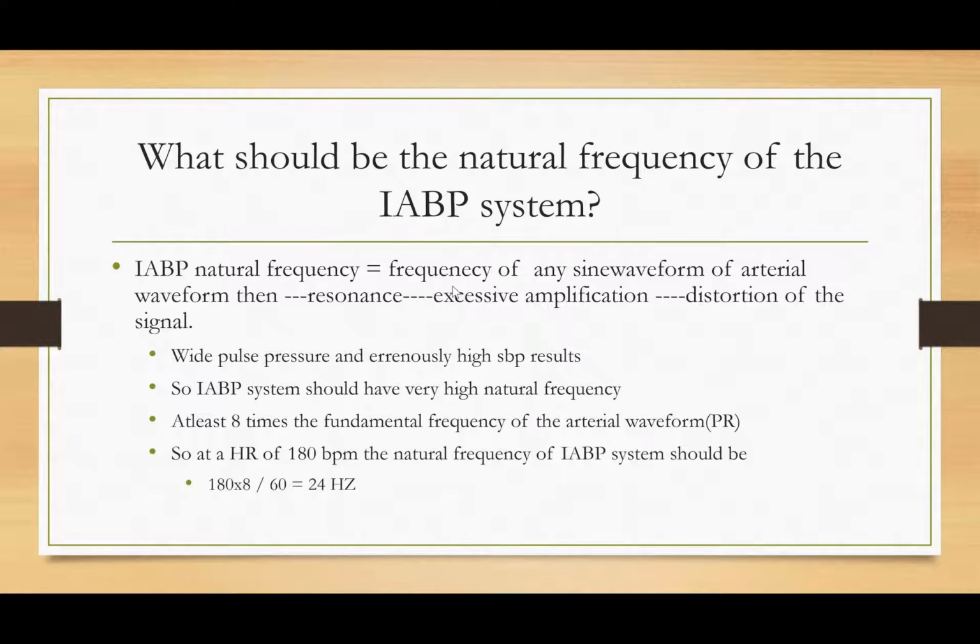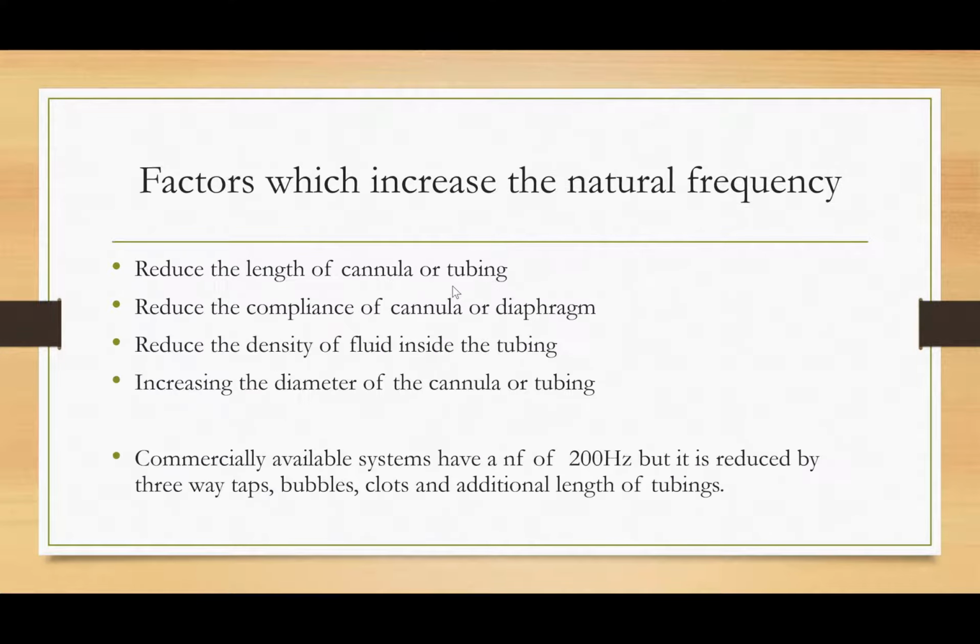Otherwise, if it is matching, the waveform gets distorted, we get a wide pulse pressure and erroneously high BP. So the IABP, the intra-arterial blood pressure system, should have at least 8 times the fundamental frequency of the arterial waveform, which is equivalent to the pulse rate.